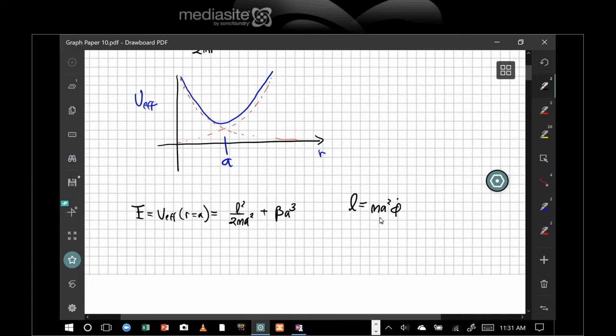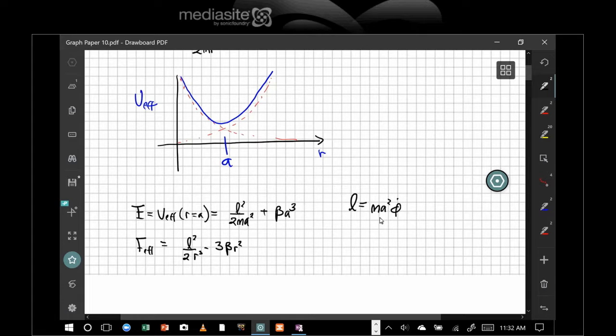The way I'm going to find A is I'm going to write my effective force from my effective potential. This is my centrifugal term, and then looking at the other term, realizing that the force is equal to minus the partial of U with respect to R, 3 beta R squared.